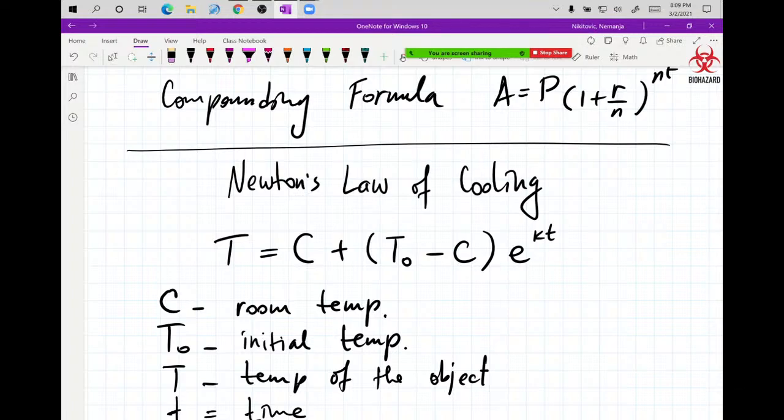You will have to determine this K for every cooking session, because you will be using a different dish or different size. Even if you're using the same oven every time, your K is still going to change, because your chicken is going to be a different size, your pan is going to be a different size, and the amount of seasoning is going to be different. So the heat penetration is going to be different.